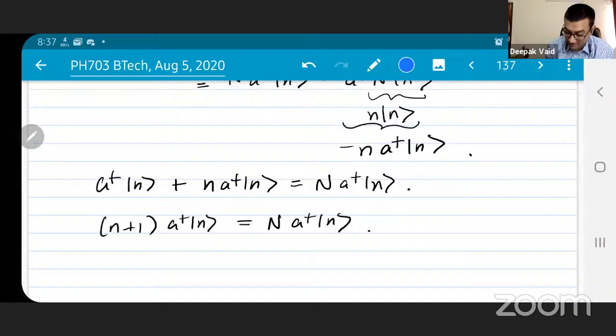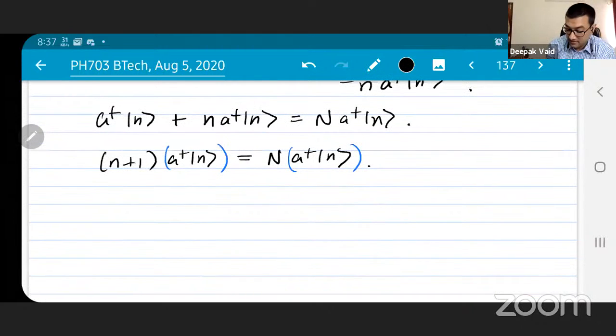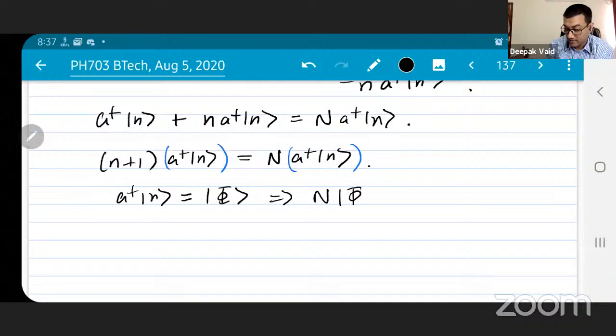So now if you look at this expression, let us collect this expression. In this expression, we have a dagger n. Let's call this some state phi. So what is this expression telling us? It is telling us that if I take the number operator and act on phi, I get small n plus 1 times phi.